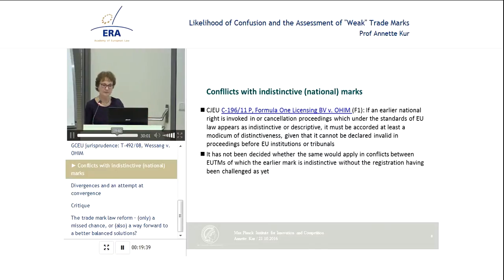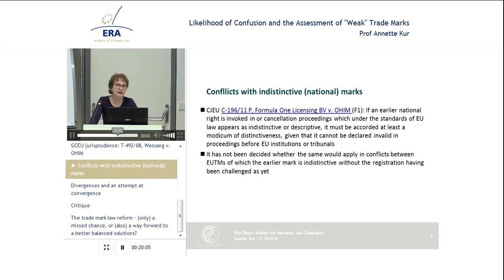I don't have it on the slides here, but there is a decision by the General Court dealing with the word Post. For postal services, it is registered in Germany based on acquired distinctiveness, and it was invoked as a ground for opposition against, I think, TPG Post, when they applied for a community trademark.